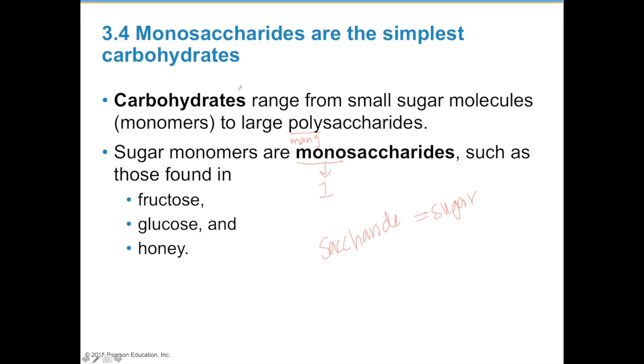The reason people want to get their carbohydrates down is because of sugar, sugar, sugar. We could do an entire lecture on sugar, and I may, if I have time, talk more about the role of sugar in the body and how the brain processes sugar. But here we're just looking at how carbohydrates are made up of sugar.